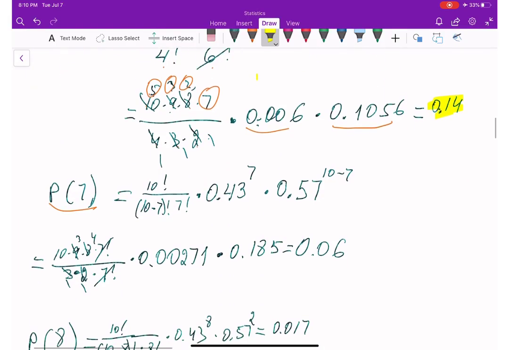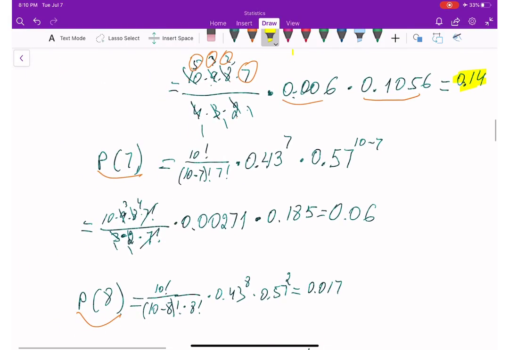So the same way we continue with the probability of 7, where x is equal to 7. So we have 10 factorial over 10 minus 7 factorial times 7 factorial. And then 0.43 to power 7, 0.57 to power 10 minus 7, because n minus x.